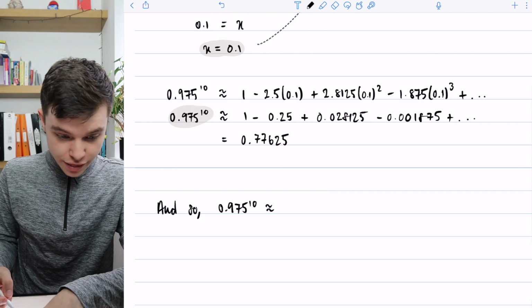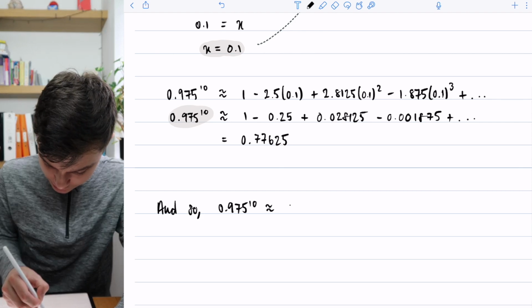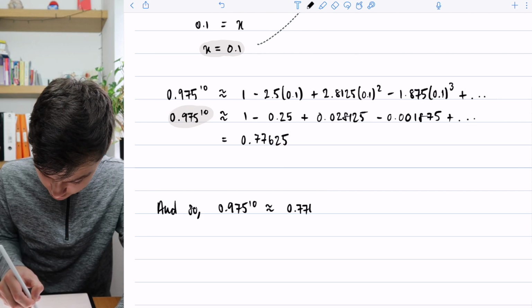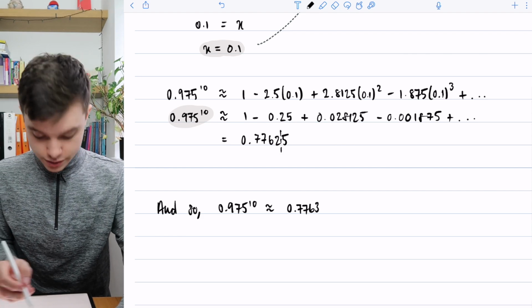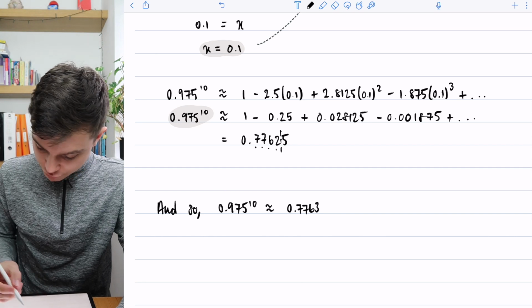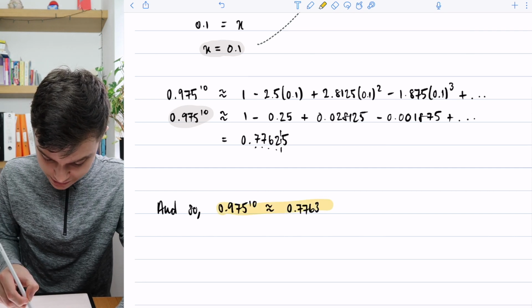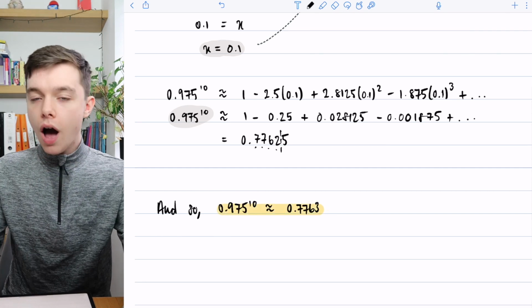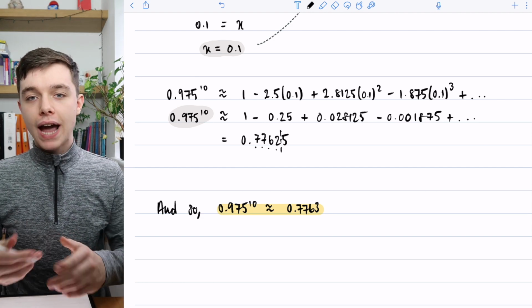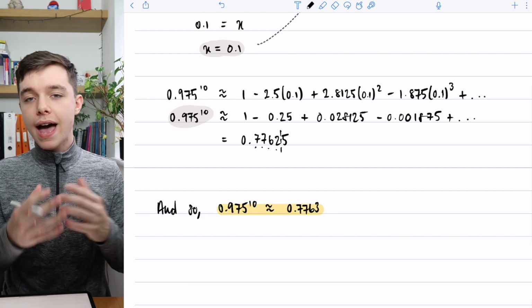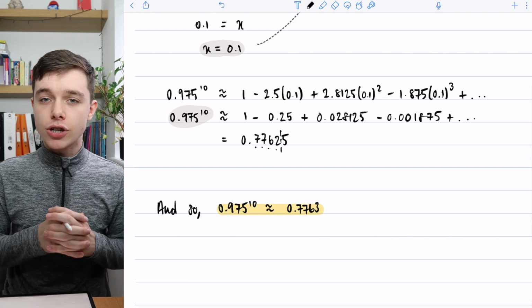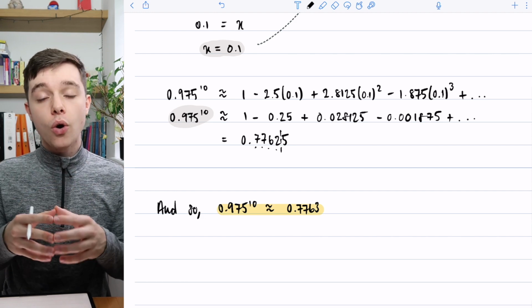Approximately equal to this to 4 decimal places is 0.7763. Cuts off after 4 decimal places there, and then the 5 raises it to a 2. That is our approximation. So hopefully that makes sense, how you can take an expansion, get to first few terms, and then do your calculation so that you can estimate something quite easily.